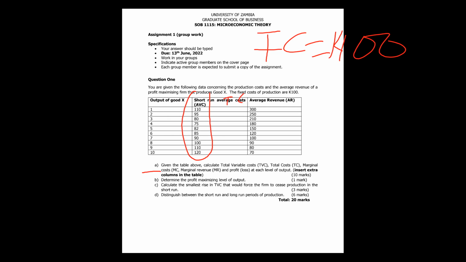You need to go back to the formula now. This is what I was telling you. First examine, how do you find average variable cost? Average variable cost is what?